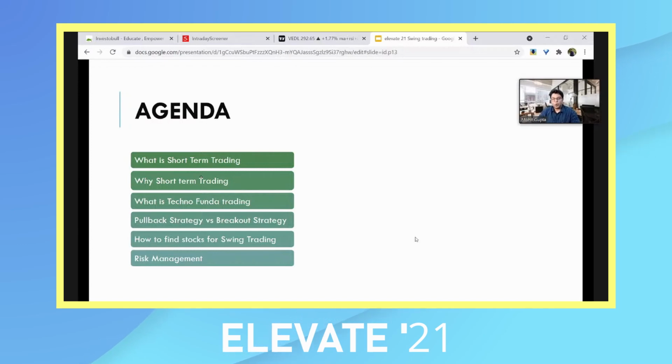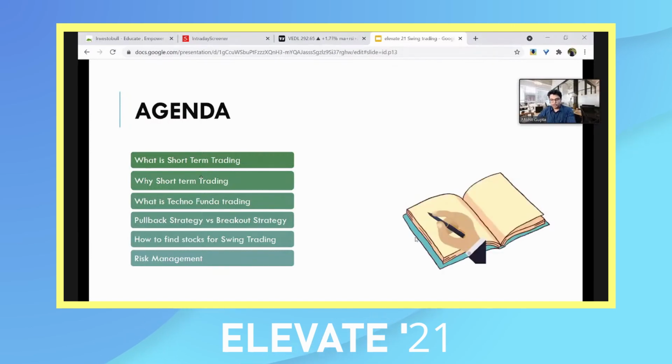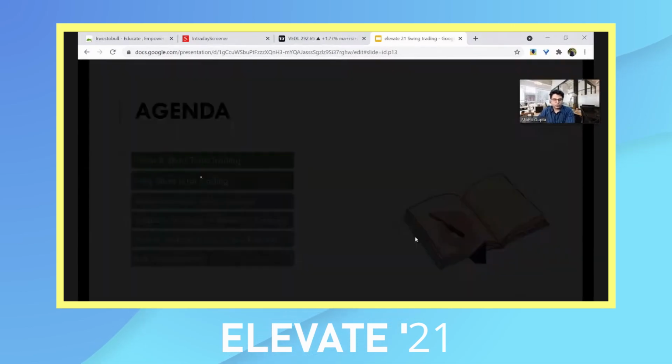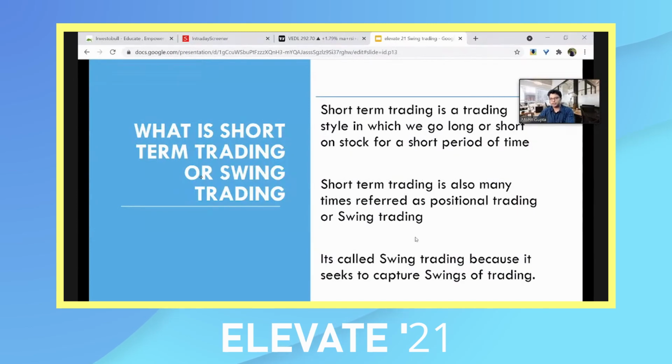We will see two ways in which we can execute this Technofunda trading, which is a pullback strategy and breakout strategy. And then we will see how we can use tools to find out stocks which we can use for this swing trading, along with the risk management and how the execution part is going to be in this trading strategy, right?